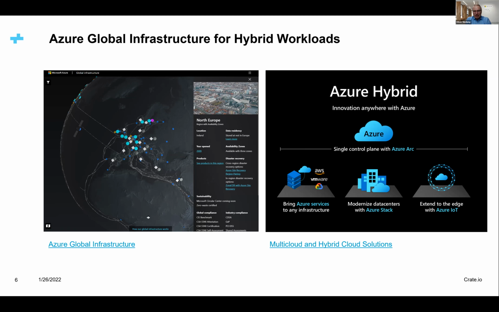But on the right-hand side, we also shared yesterday that the norm is now multi-cloud rather than just one cloud. And even though we're investing heavily to really become the best citizen for any cloud workload, we really want to make sure that we also enable multi-cloud environments.